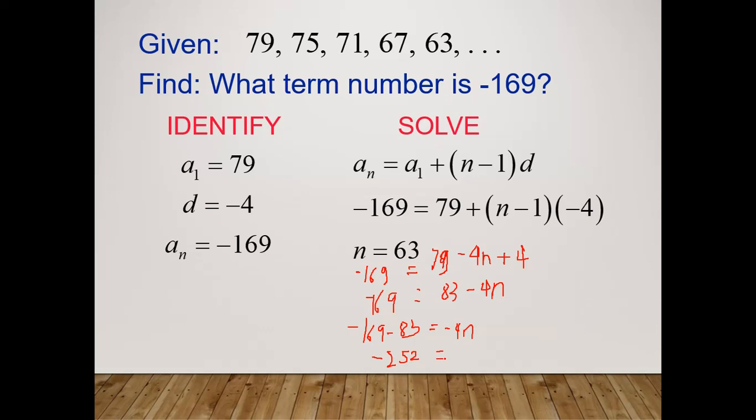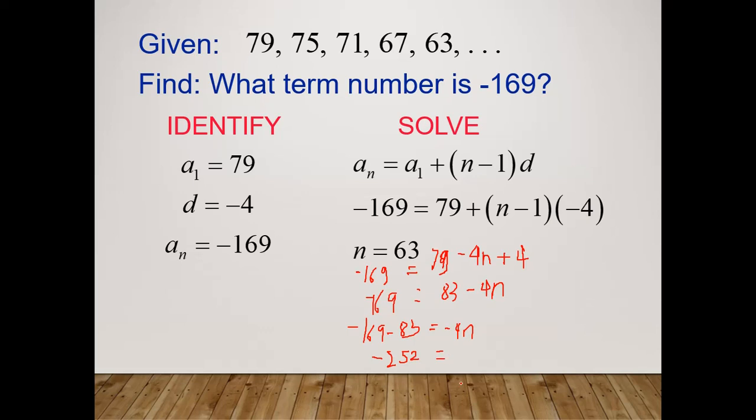tama ba? Negative 169. So this is 79 minus 4n plus 4. 79 plus 4, that is 83. So transpose positive 83. So it becomes negative 169, plus 83 equals negative 252 divided by, of course, 4.